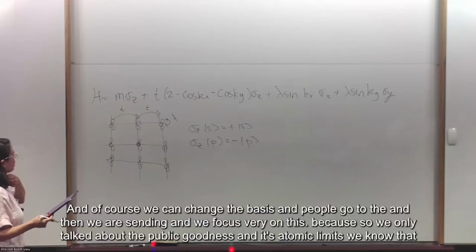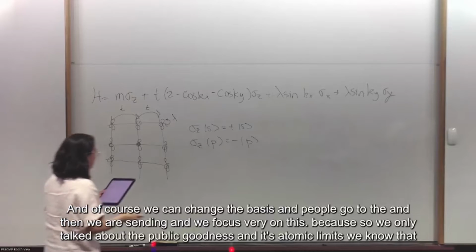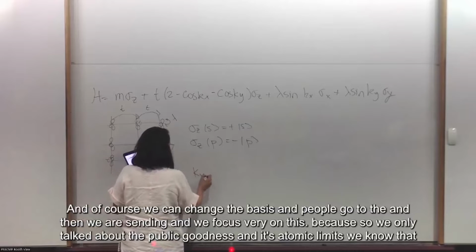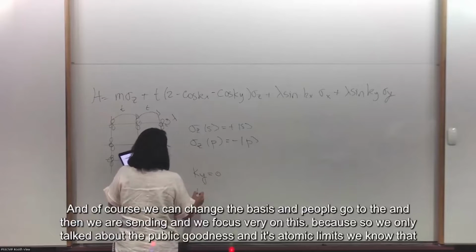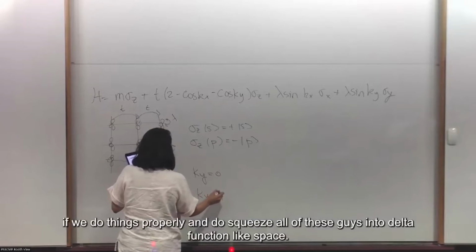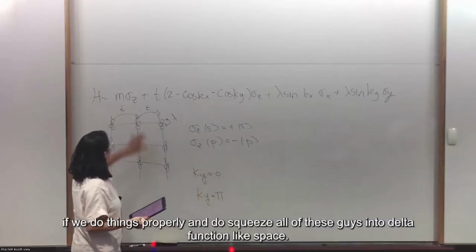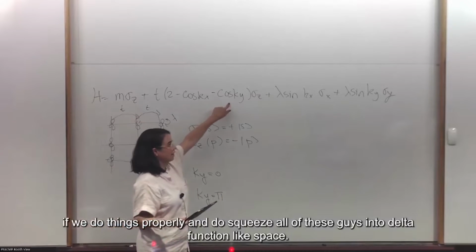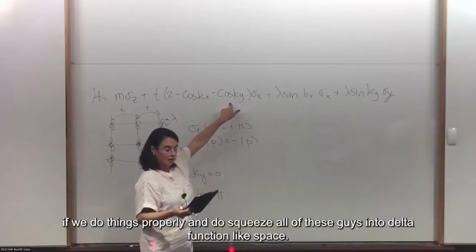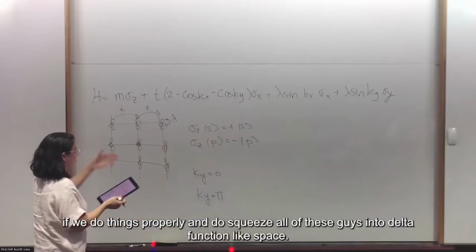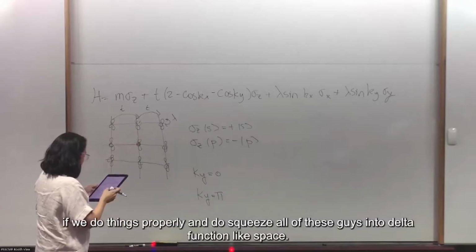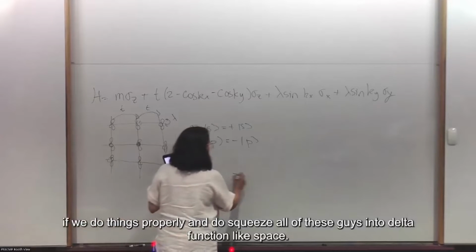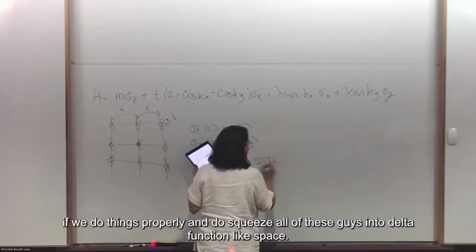So one thing that you can convince yourself very easily is by looking at ky equals 0 and ky equals pi. Just put ky equals 0 and ky equals pi in this Hamiltonian, and reduce it, and you very much get the SSH Hamiltonian that we had before.